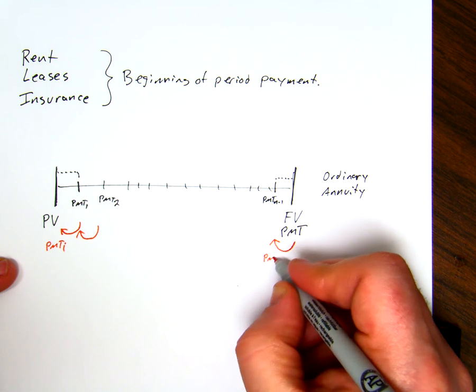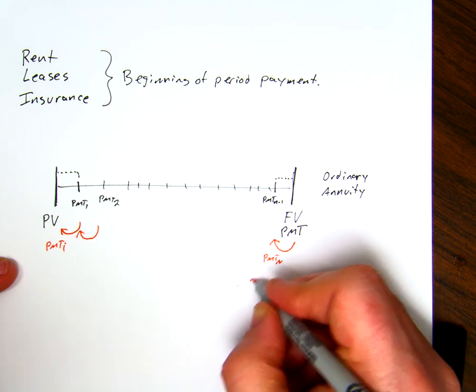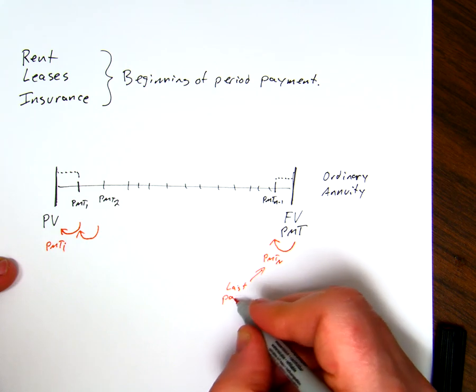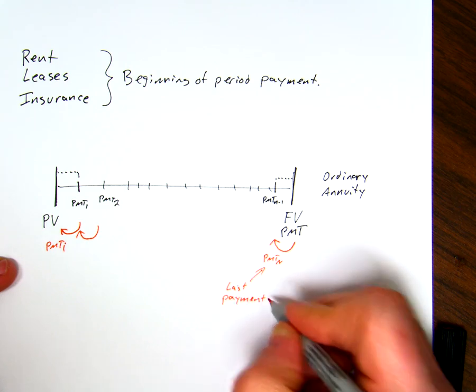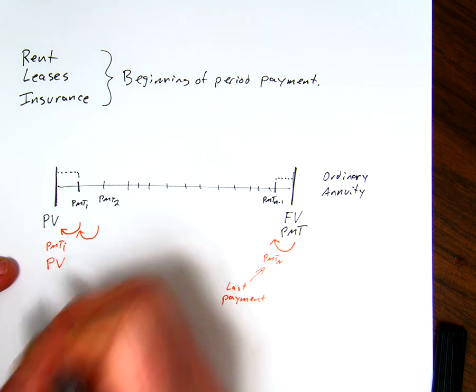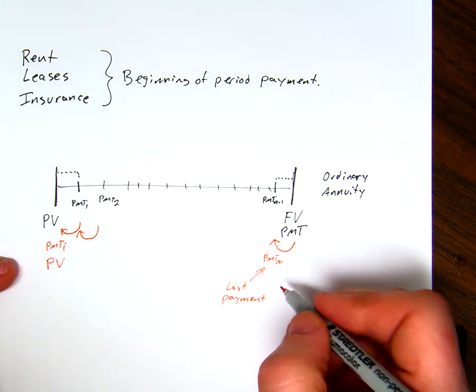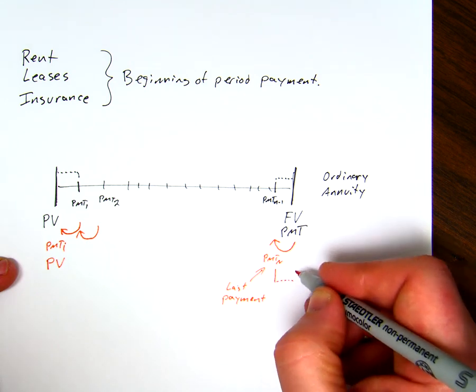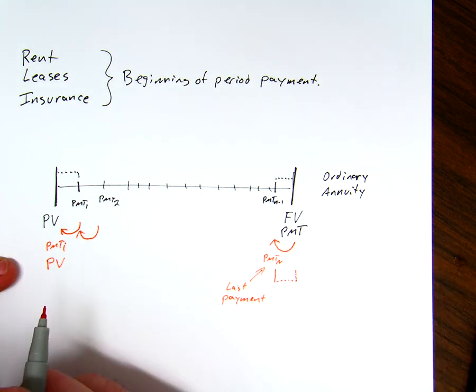So this is payment N, the last payment. And so we have payment 1 and our present value at the same time. And now we have the last payment here, and you get to use your car for a month after you make your last insurance payment.